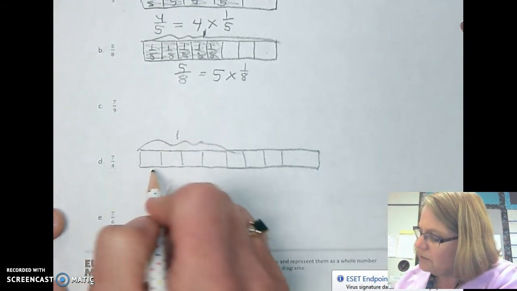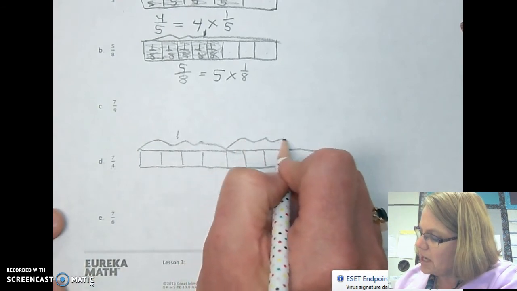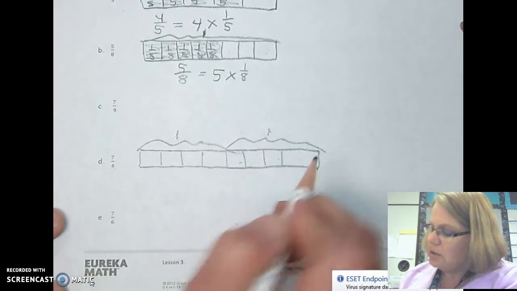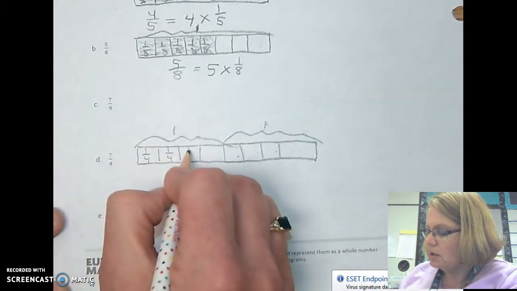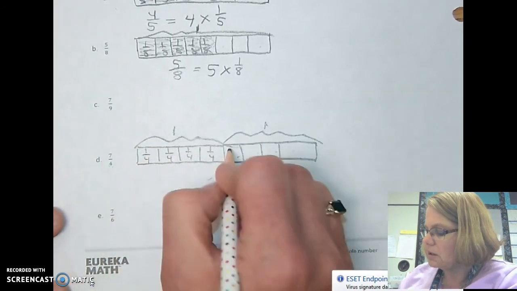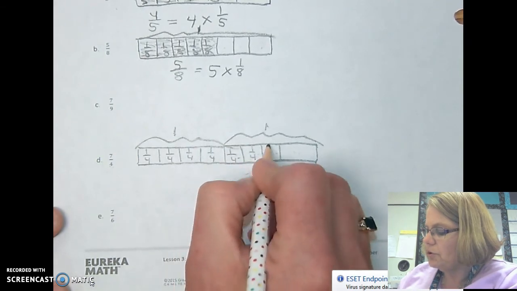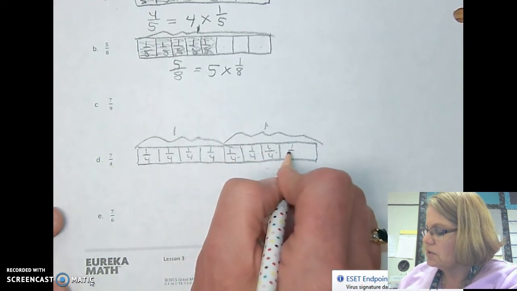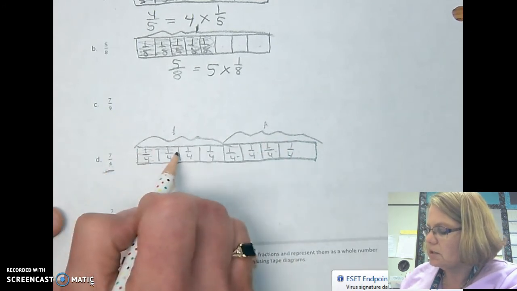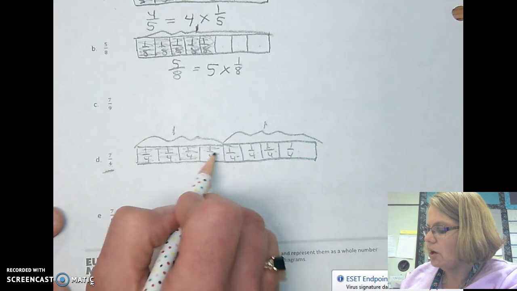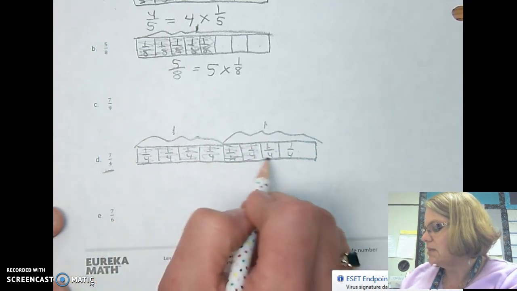So we should have another set of 4 boxes, and each one of these is 1/4. 1/4, 1/4, 1/4. Even this one is 1/4, but we need to shade in 7. So 1, 2, 3, 4, 5, 6, 7.